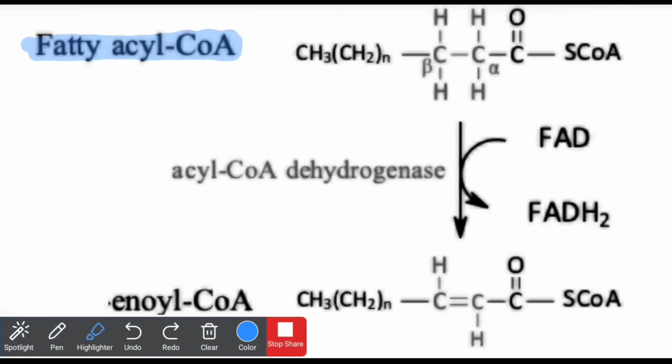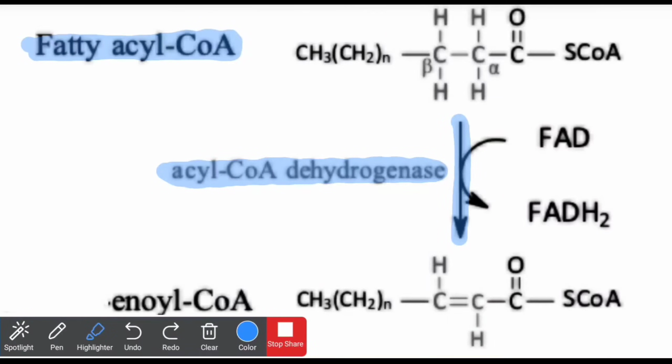Now, the second step is called dehydrogenation 1. The enzyme responsible is acyl coenzyme A dehydrogenase, and here you will observe that a new molecule is formed. So what happens in dehydrogenation 1?